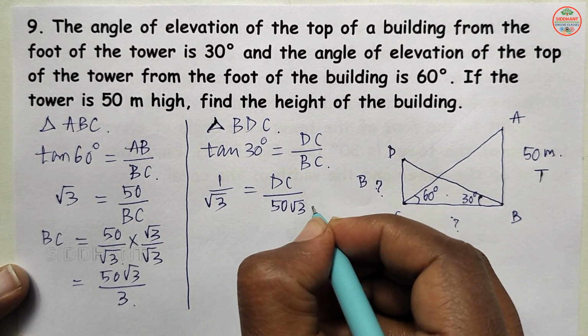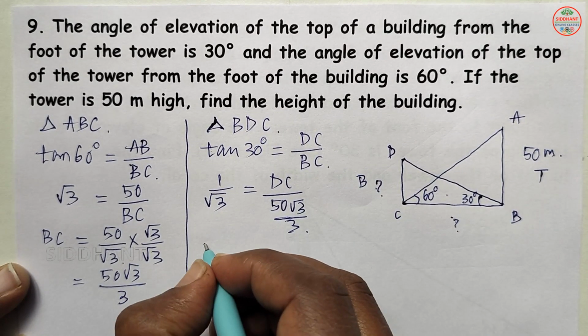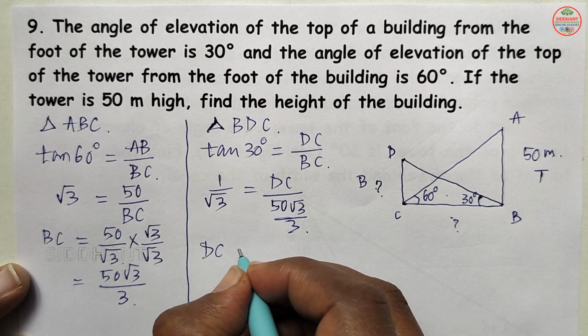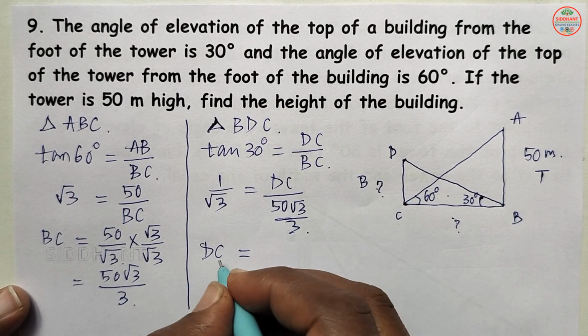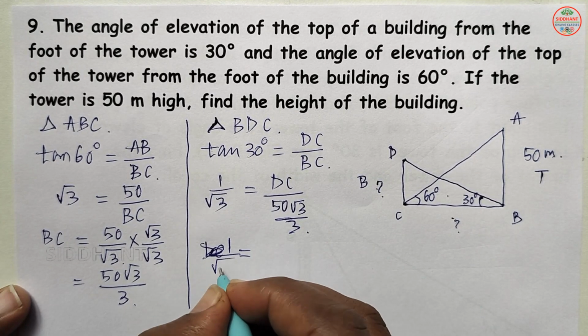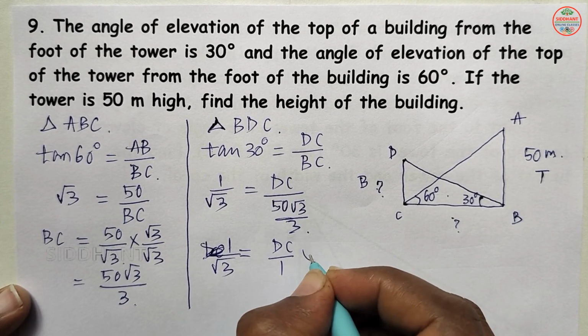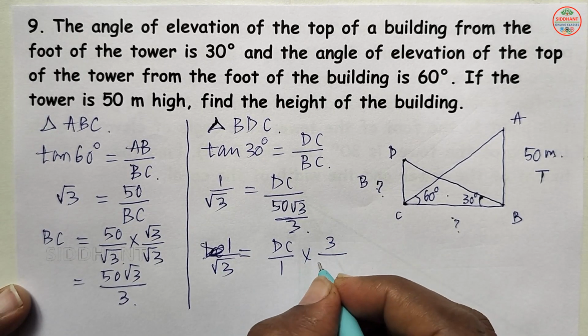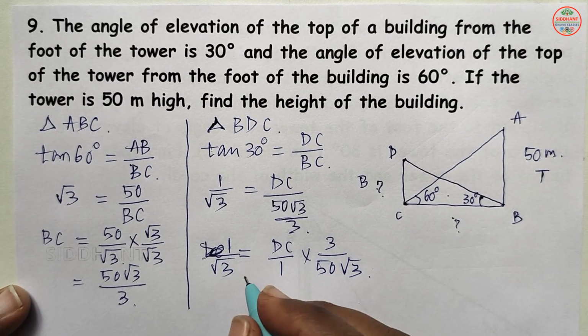So 1 by root 3 equals DC by 1 into 3 by 50 into root 3.